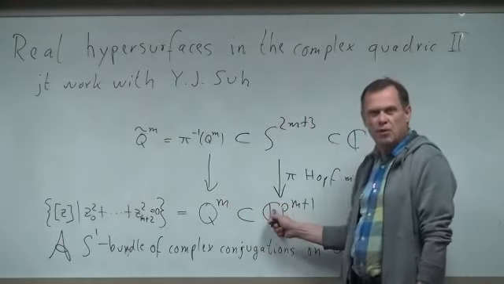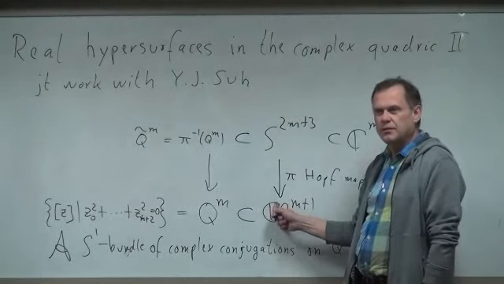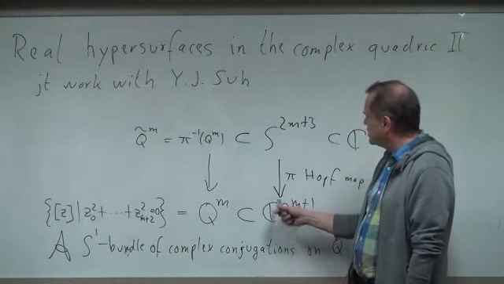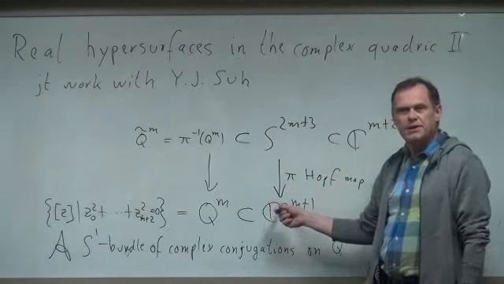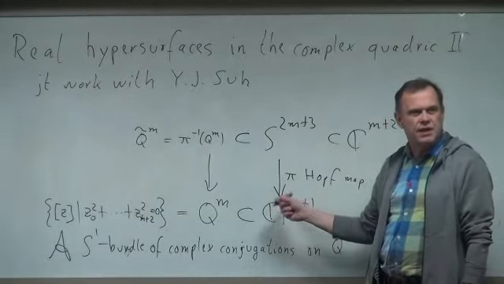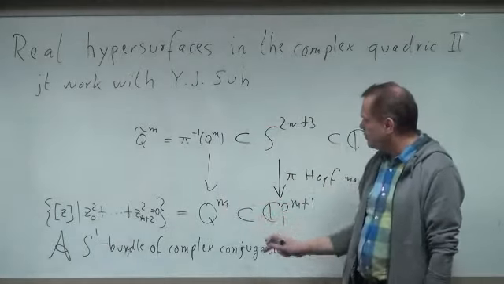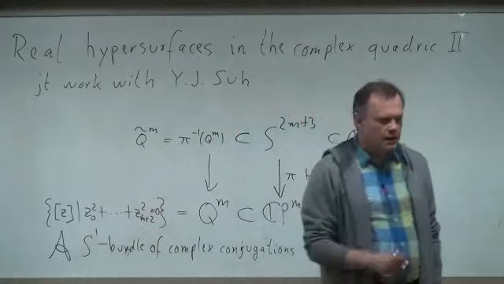For each unit normal vector we have a shape operator. The shape operator we saw we can describe using just complex coordinates. Shape operator is just given by a complex conjugation, and by rotating the unit normal we get this S^1 bundle of complex conjugations.